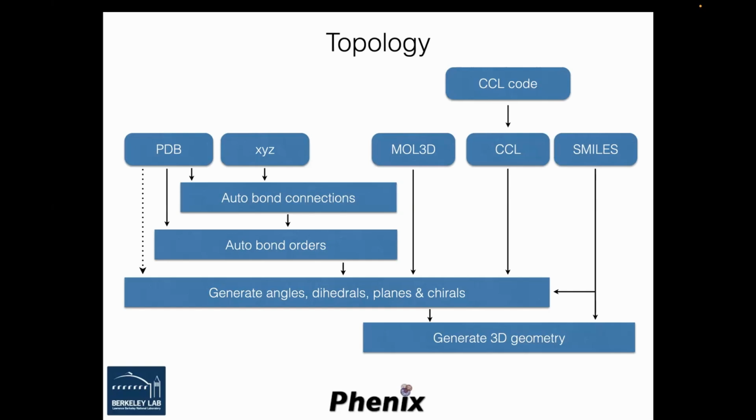So I suggest that you try and find out as much as you can about your ligand, and that would include a 3D mol file, which has the 3D coordinates in it. A SMILES string has all of the connectivity, all of the element information about it.